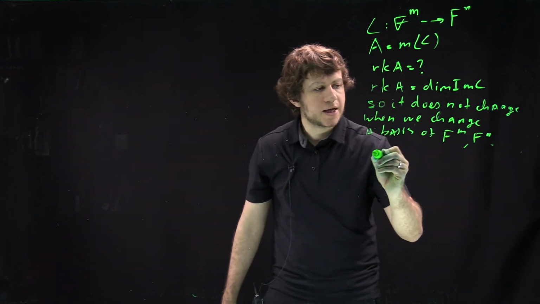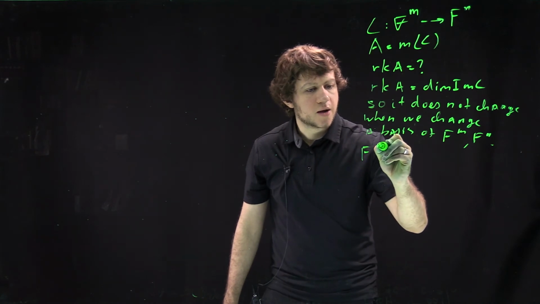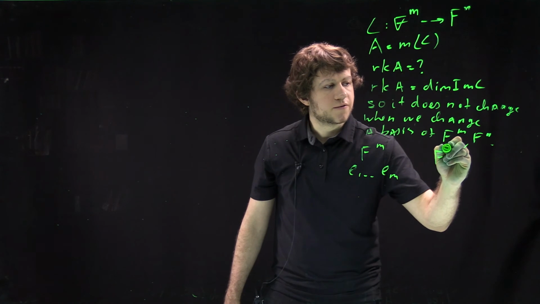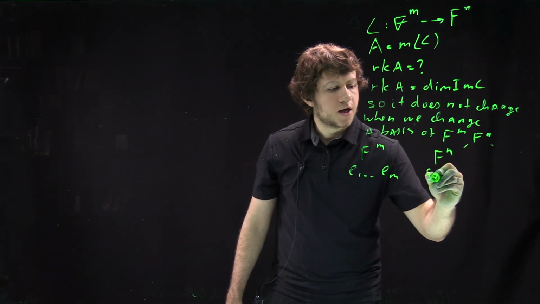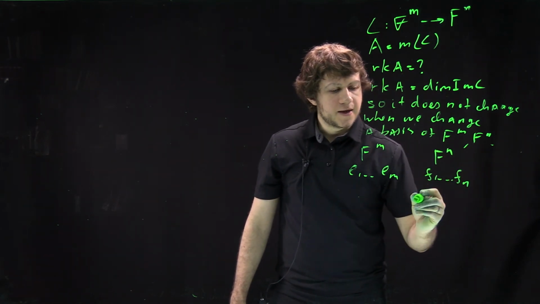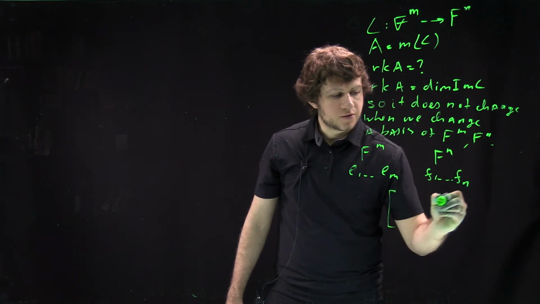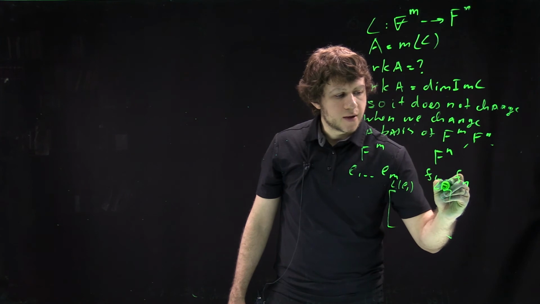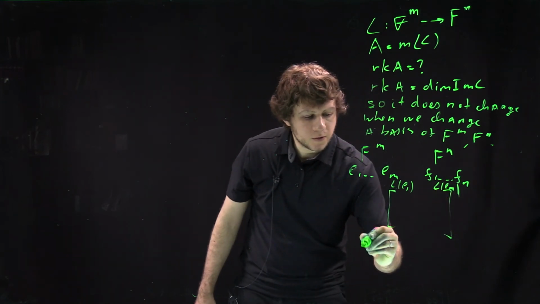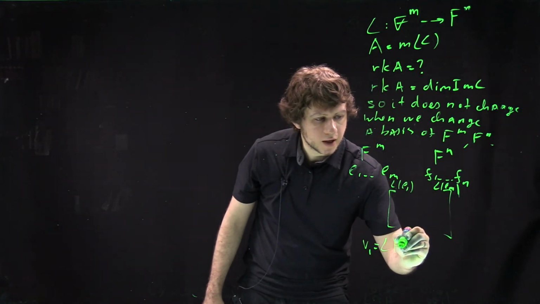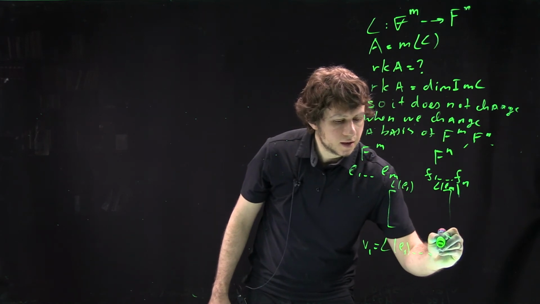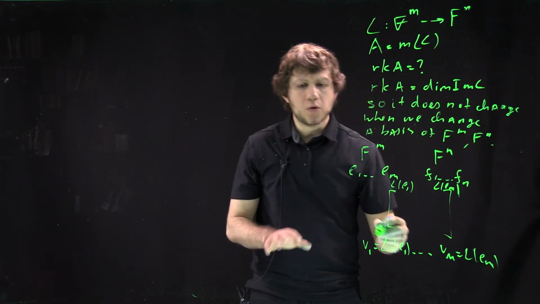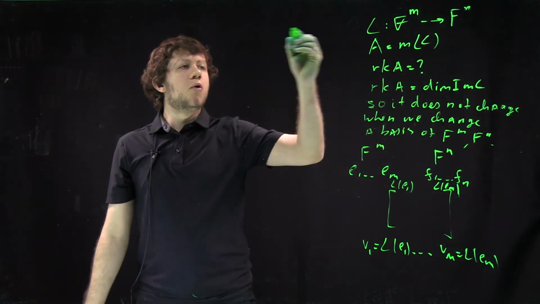If you have a basis of Fm, which is E1 up to Em, and you have a basis of Fn, which is F1 up to Fn, then we know that the matrix is just the matrix with columns L of E1 up to L of Em. So V1 is equal to L of E1, up to Vm equal to L of Em.